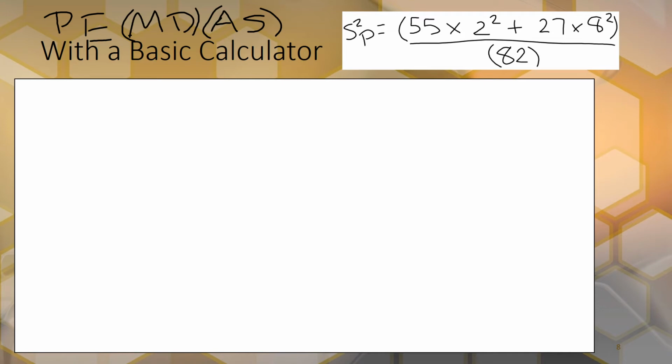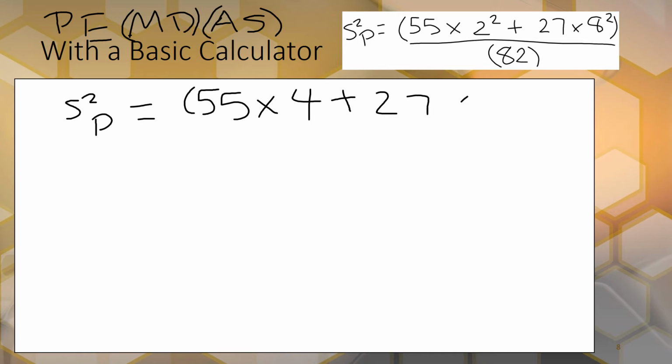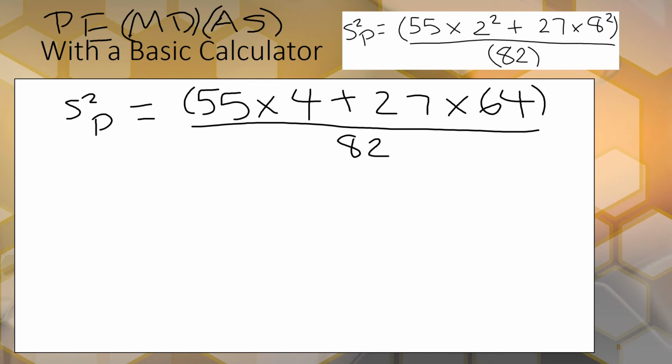That's going to be the 2 squared and the 8 squared. So we have 55 times 4, because that's 2 squared, 2 times 2, plus 27 times 8 squared, which is 8 times 8, which equals 64. Alright, and then divide that by 82 still. We don't have to worry about the parentheses there.